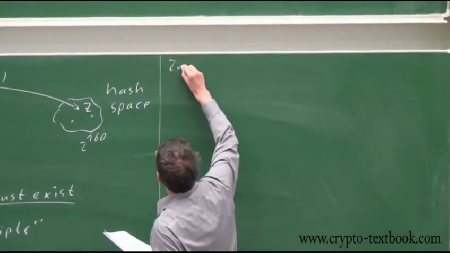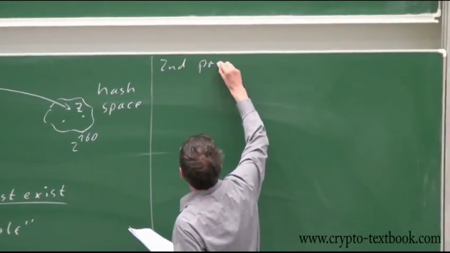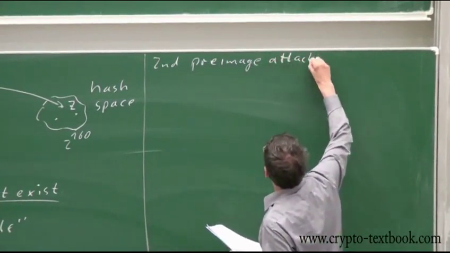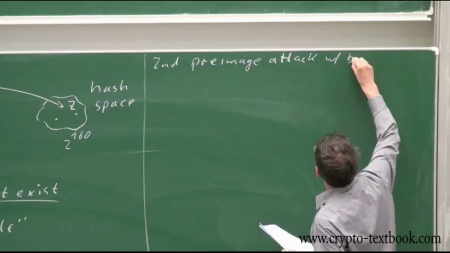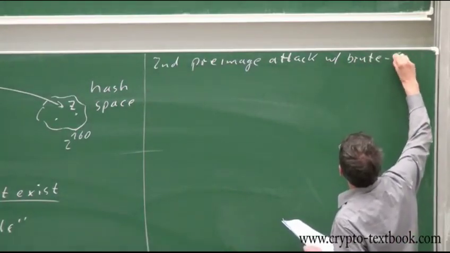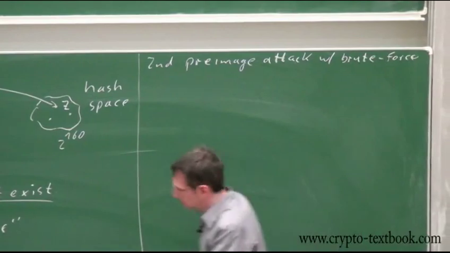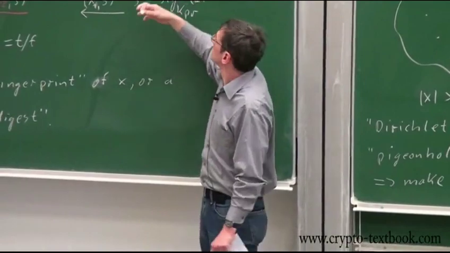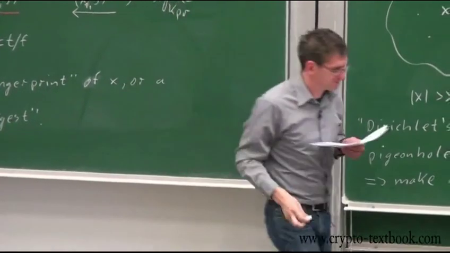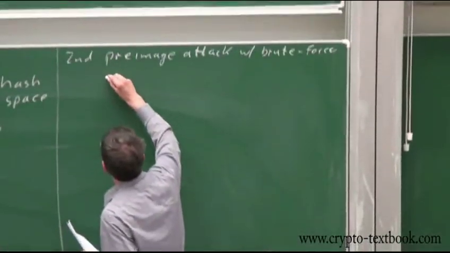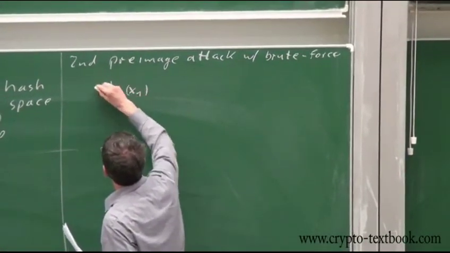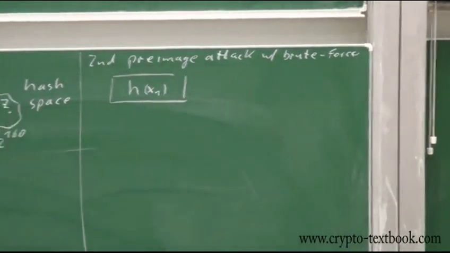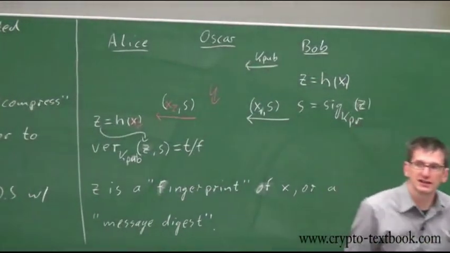So let's look at how we would actually do such an attack. Okay, so we look at this scenario here. Given is x1, Oscar puts this in a database, and what Oscar would like is to find a colliding x2.